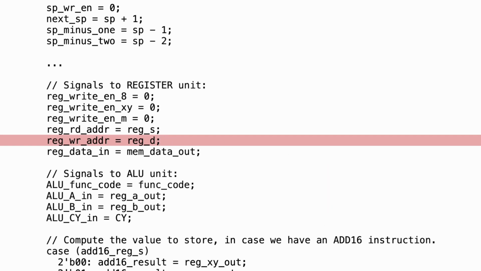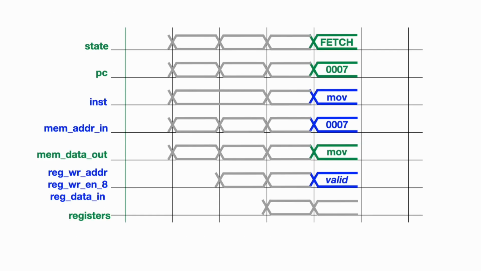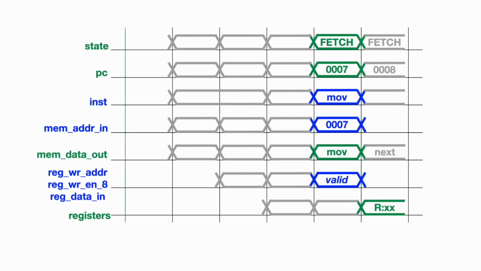And so if we look at that, then we can see that we update that register and we stay in the fetch state and we increment the program counter, and then we're on to the next instruction.